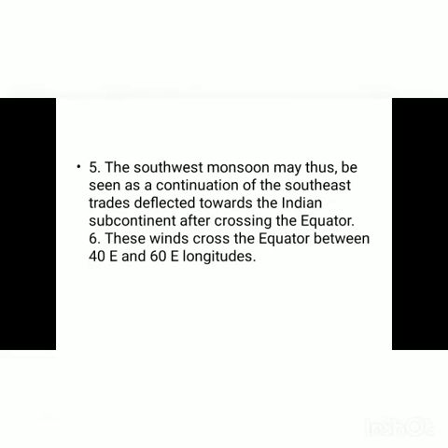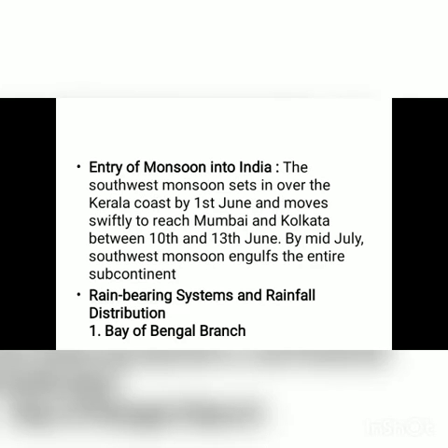The full form of the ITCZ is Intertropical Convergence Zone. The southwest monsoon may thus be seen as the continuation of the southeast trades deflected towards the Indian subcontinent after crossing the equator. These winds cross the equator between 40° east and 60° east longitudes.